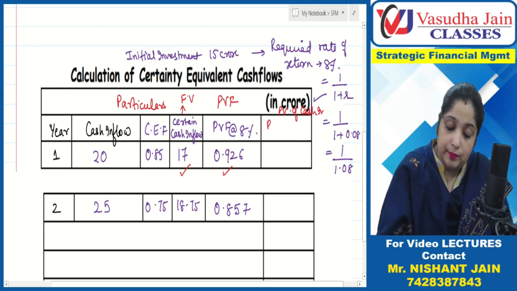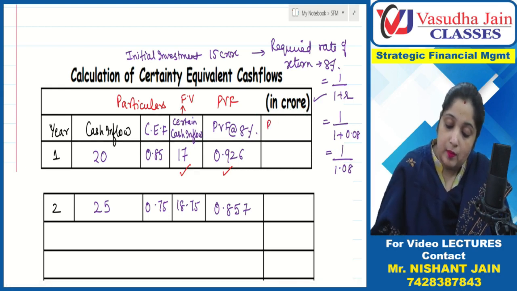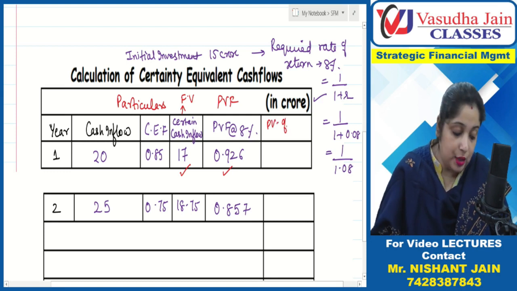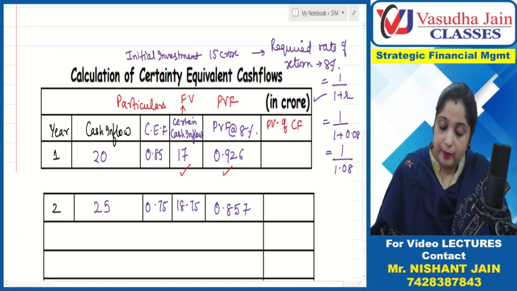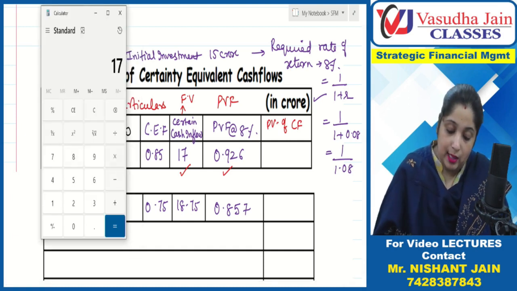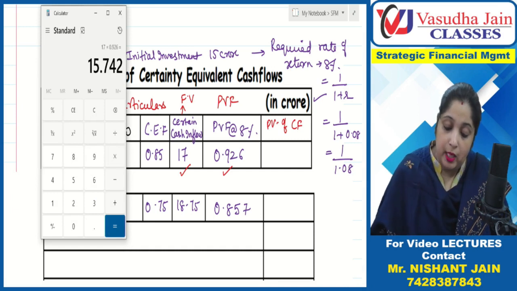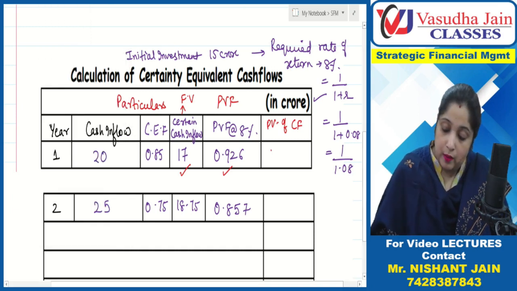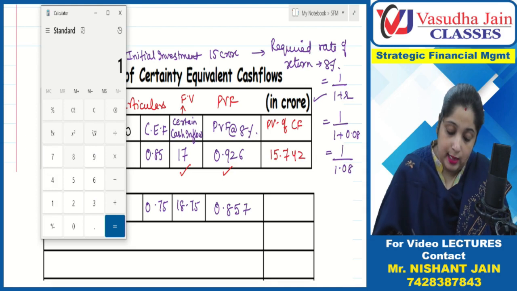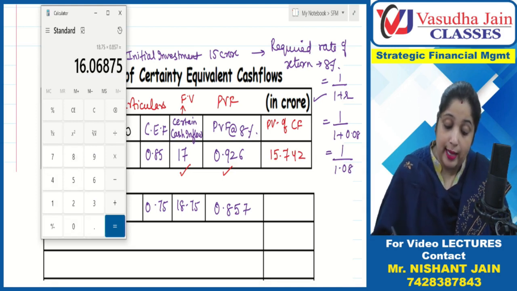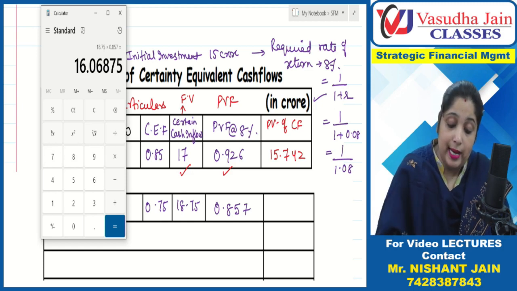Let me write here: present value of cash inflows. Right? So let's multiply 17 with 0.926. So you are getting 15.742, correct? Then 18.75 into 0.857. So we are getting 16.06875.